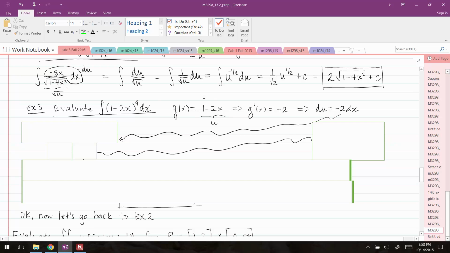So the u, or g of x, is the inside of the composite function, which is 1 minus 2x. You take the derivative of that and you get negative 2. In the ones that we've done so far, that negative 2 would just be hanging out there, times the composite function, and the dx is there. Well, this time we always have the dx, but we do not have times negative 2.